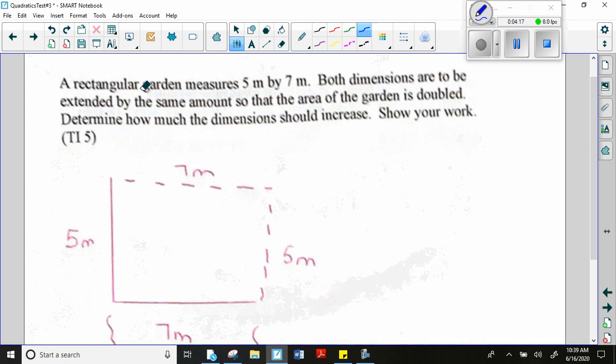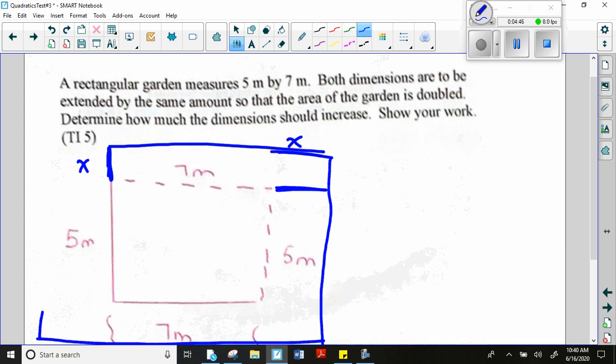So what we're going to do is extend this side by that amount, and we're going to call it x. And we're going to extend this side by that amount, x, because it's the same amount on either side. So you've created this extra length all the way around.